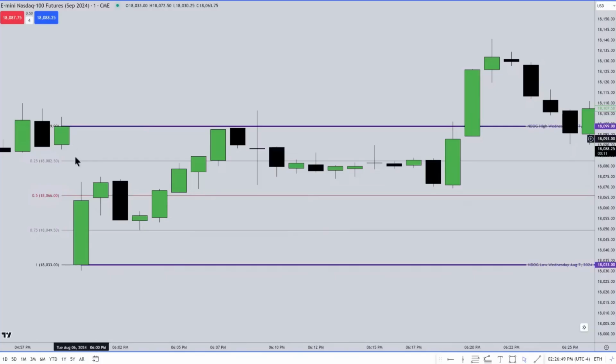So here we have the upper quadrant, midpoint or consequent encroachment. Consequent encroachment is the midpoint of any gap or any inefficiency. That means if it's a SIBI, a down-close fair value gap, the midpoint is consequent encroachment. The best shorts will form at the lower half of that, because you want to see the upper half left open.